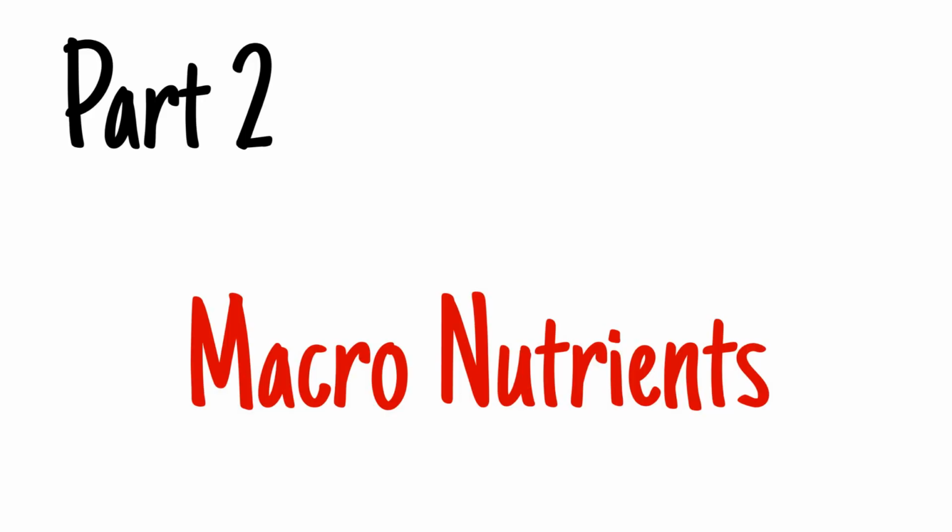Okay, the macro splits. There are three types of macronutrients, I hope you know, which are carbohydrates, proteins, and lipids. Among these three, I consider protein and lipid as the most important, because there are amino acids as well as fatty acids which we can't produce in our body, which we definitely need to get from our food sources.